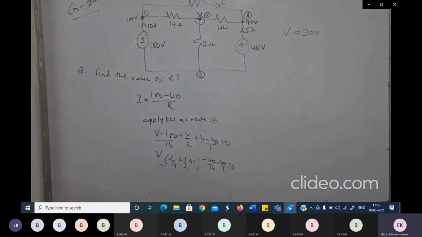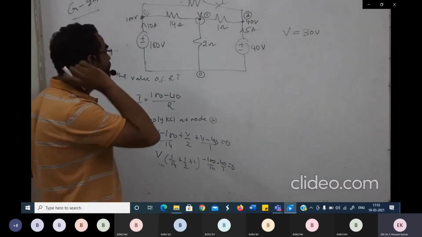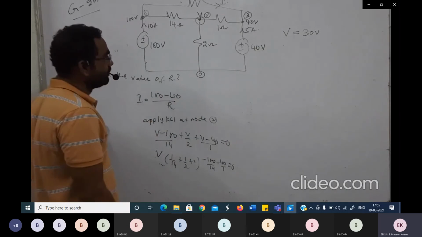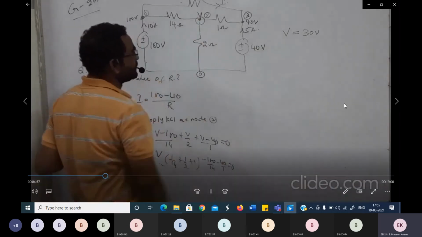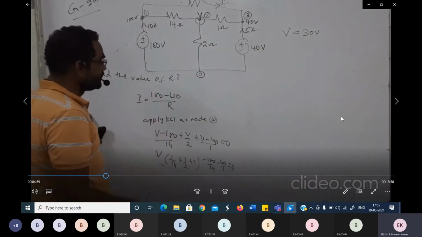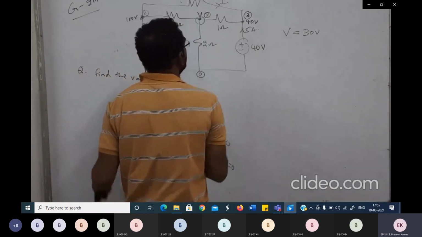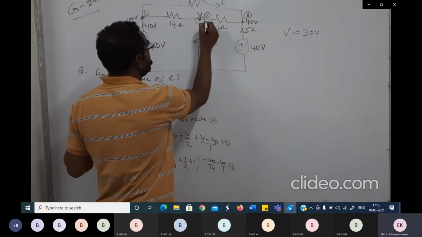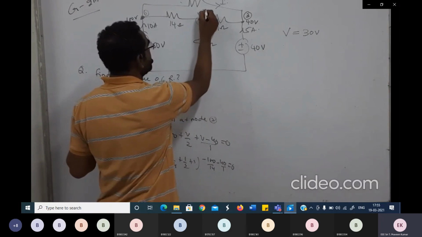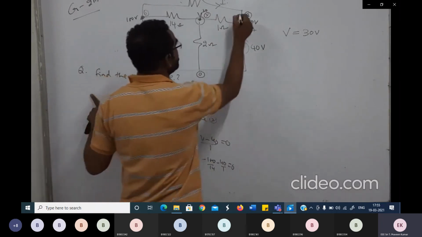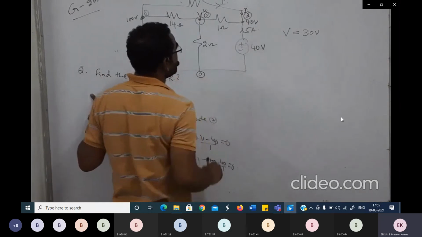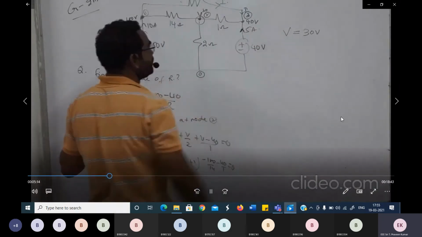Now once you get the value of V, this voltage is 30 volts. Now this is 30 by 2. This current I am getting is I, and this current is your 5 ampere.